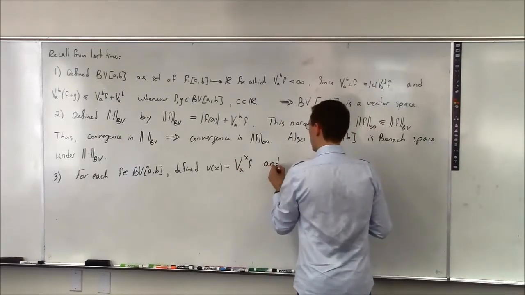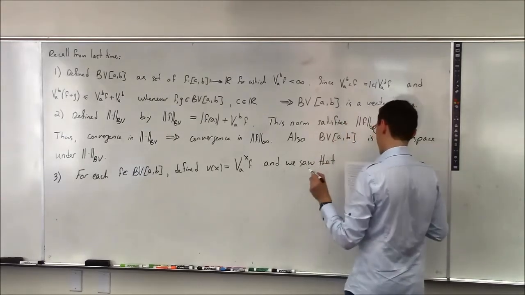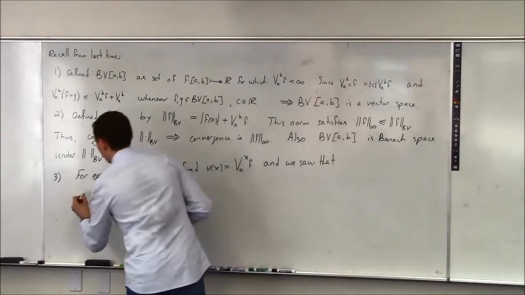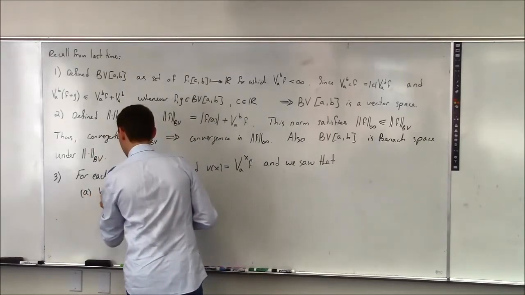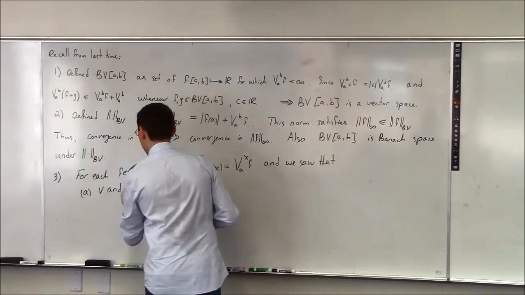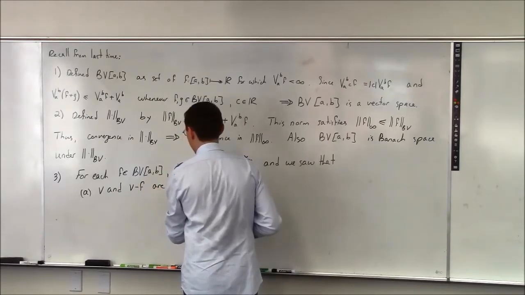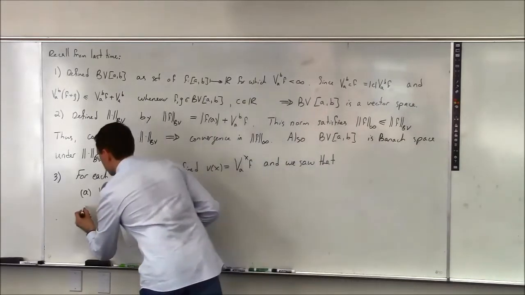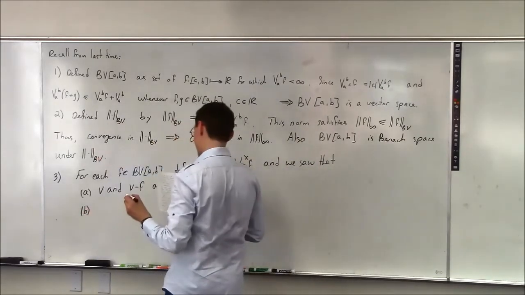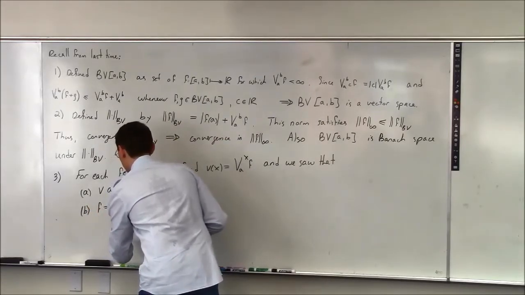And we saw that (a) v and v minus f are increasing. (b) we have that f is equal to v minus (v minus f).